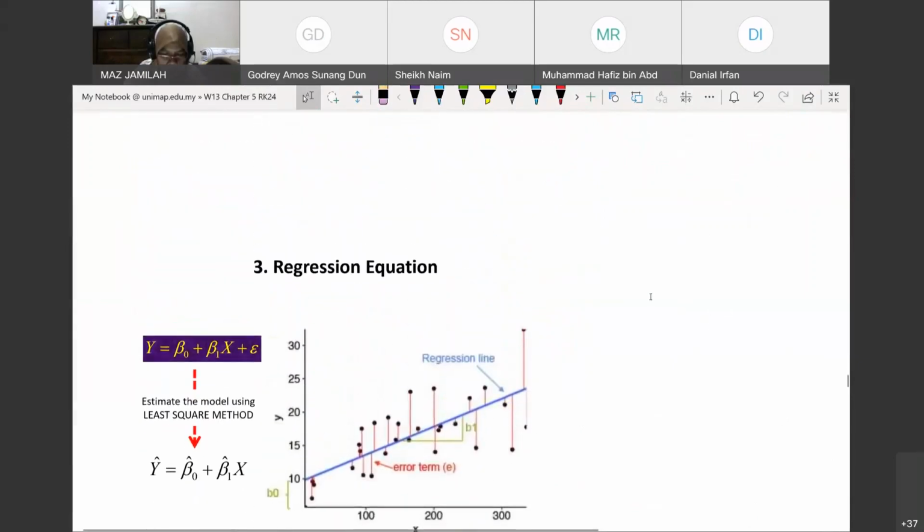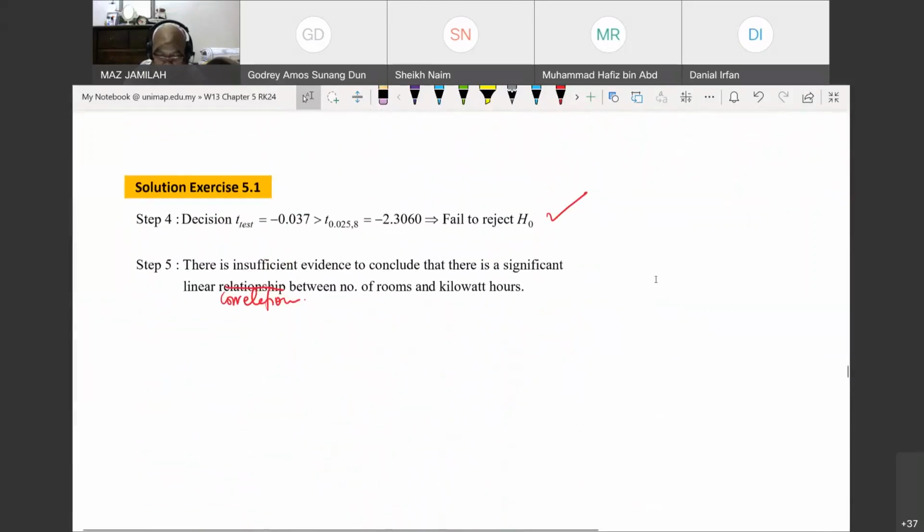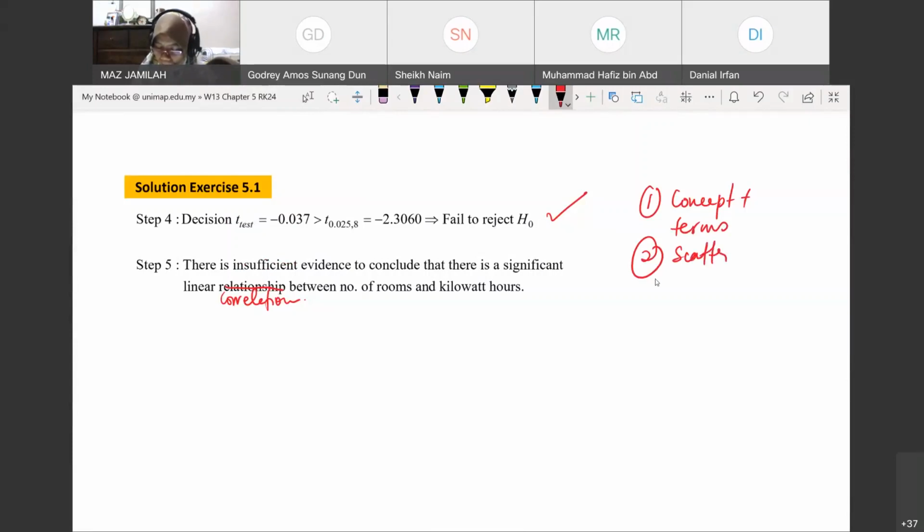Now we have discussed about scatter plot. Of course, we have discussed about the concept plus some of the terms. Second, we have discussed about scatter plot, the function of scatter plot to show you the direction of your relationship or correlation between x and y.